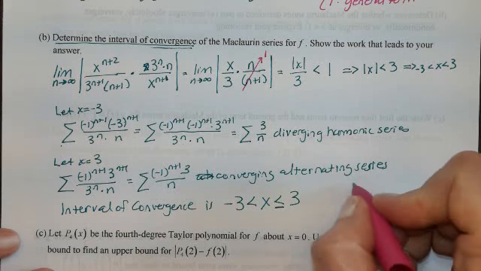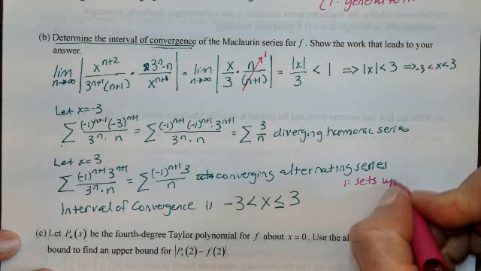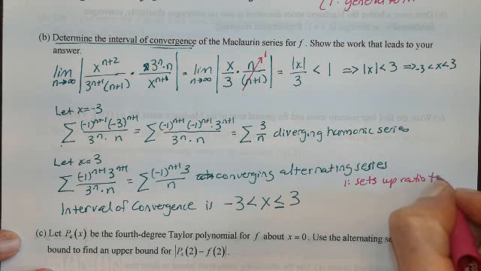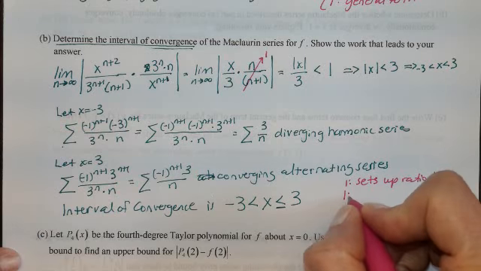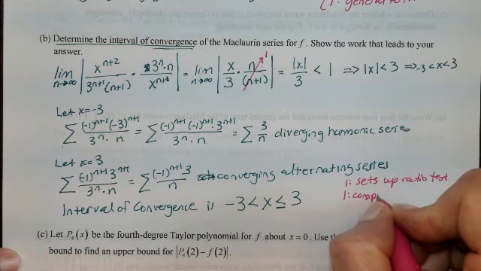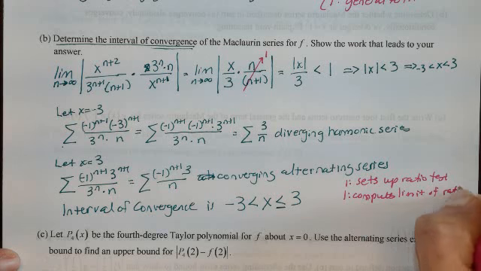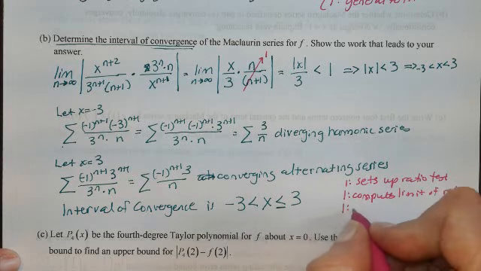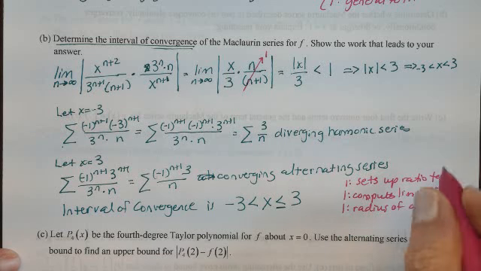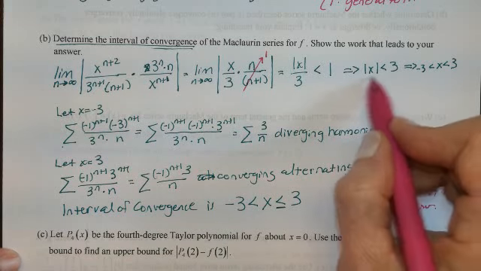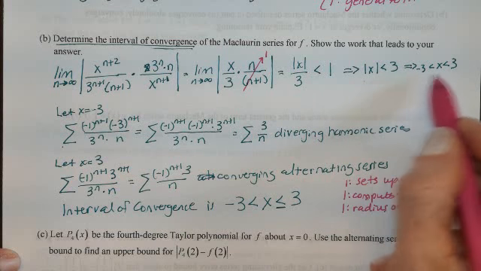This was worth 5 points. 1 point for sets up ratio test. That first line, that first step. 1 point for computes the limit of the ratio. 1 point for the radius of convergence. So the radius of convergence you actually found right here or right here, okay? One of these. They both mean the same thing.